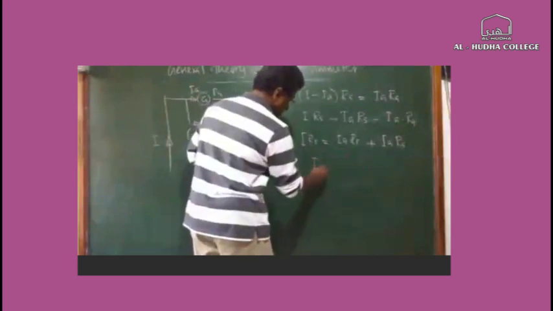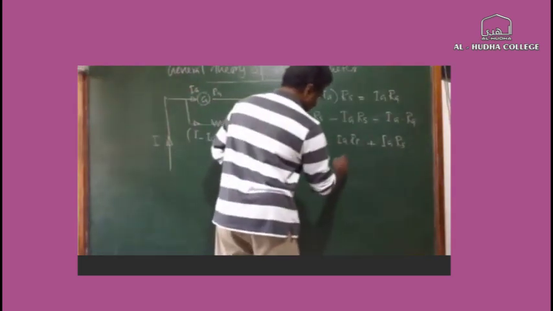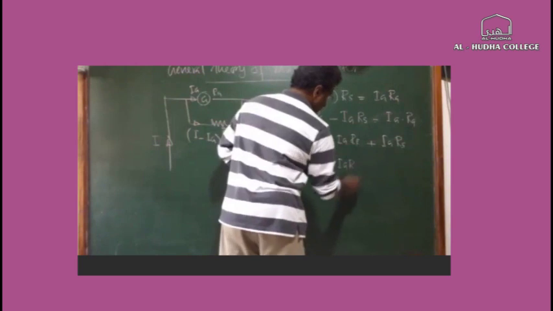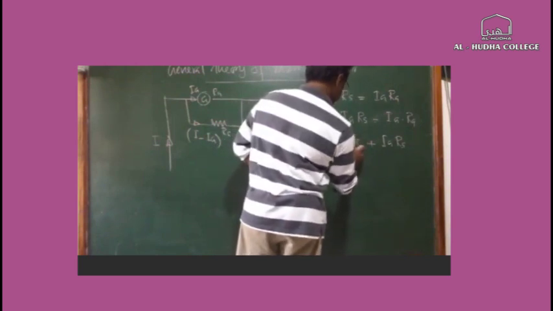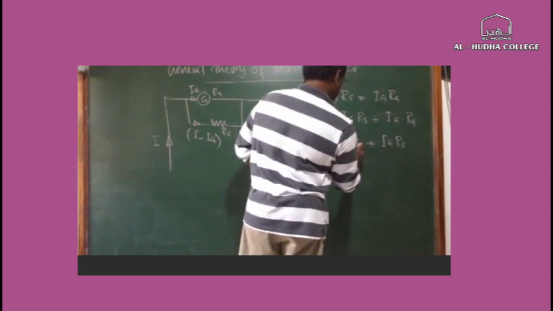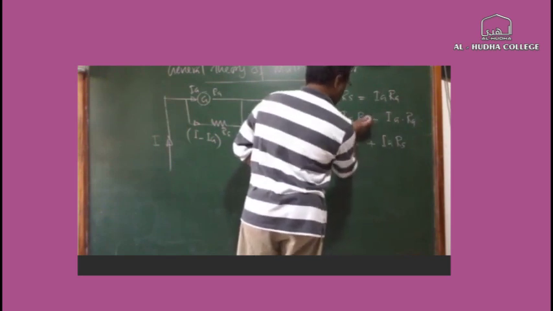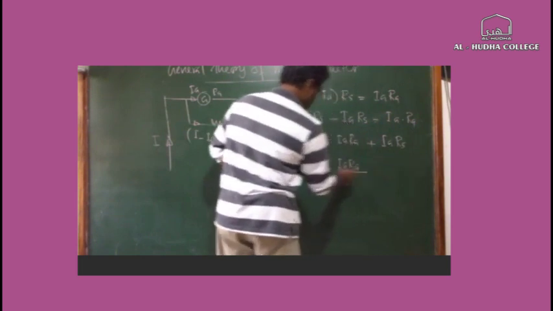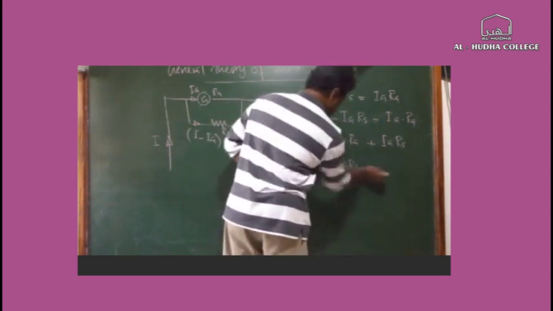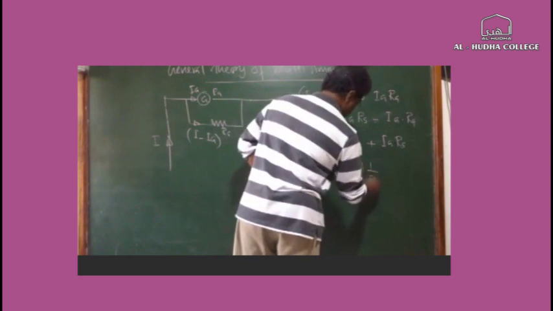If you divide by Rs, I equals Ig Rg into 1 upon Rs plus Ig.